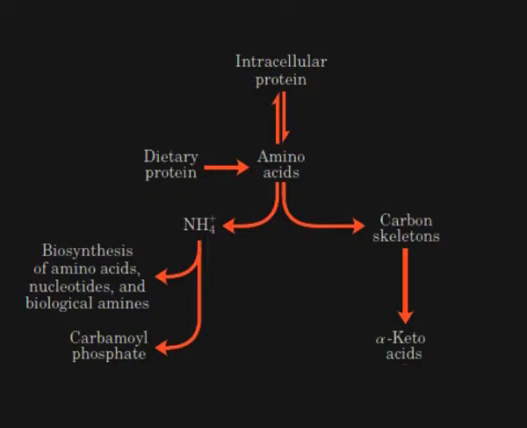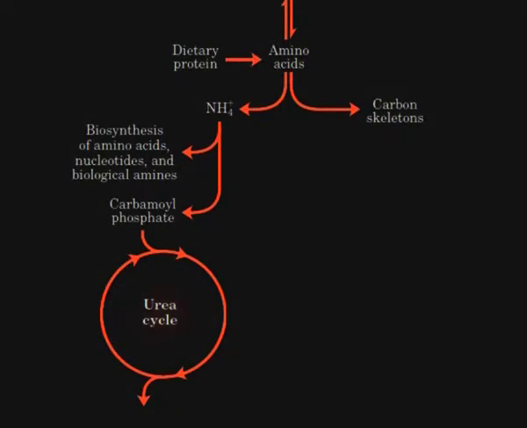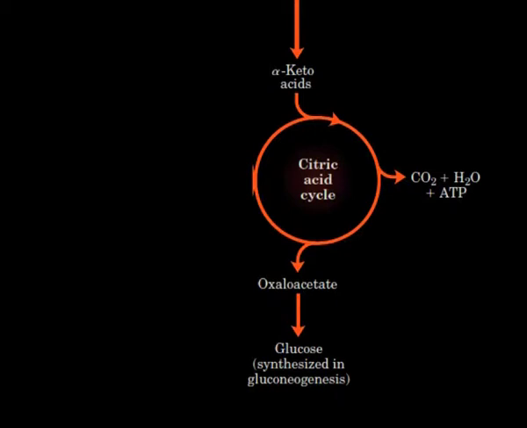So, finally, if you see the metabolic fate of amino acids, the amino acids which come from dietary proteins can be converted into ammonia and the carbon skeletons of the keto acid. Ammonia is converted to urea through the urea cycle and excreted, whereas keto acids go through the citric acid cycle to form energy, or they can be reversed into formation of glucose through the gluconeogenetic pathway.